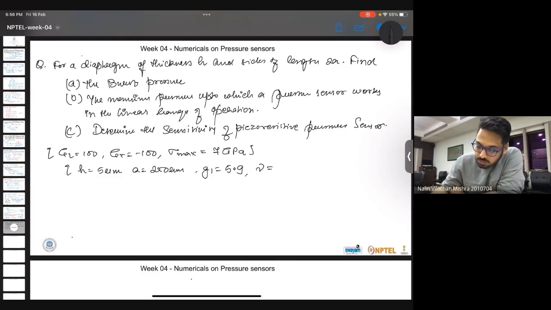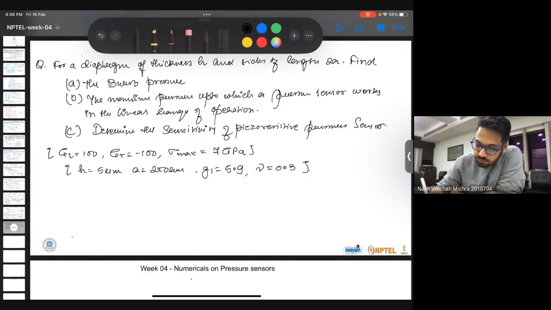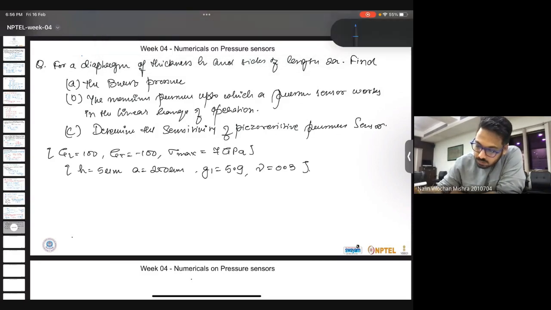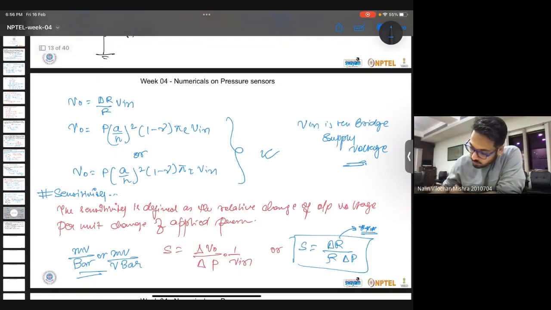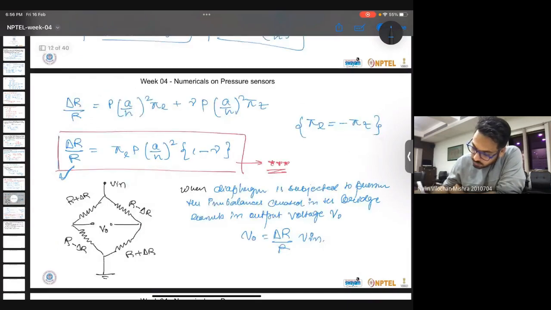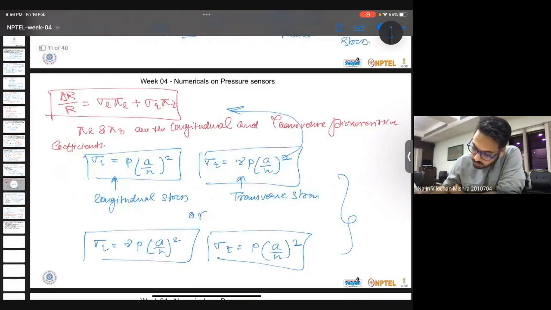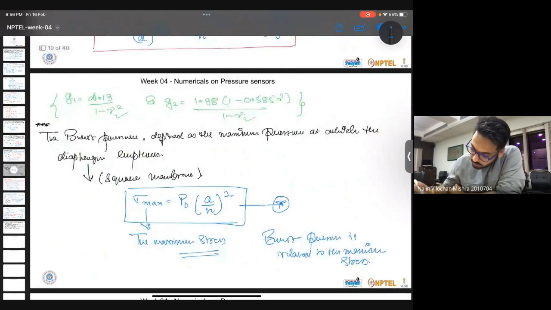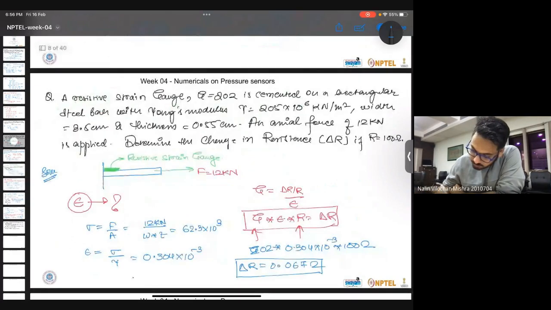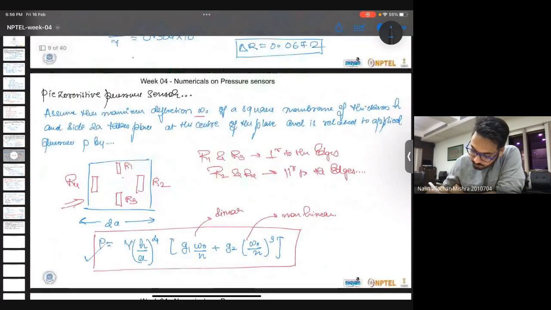The Poisson's ratio is 0.3. So please try to solve. You only need these formulas, this one, this one, and mainly this one.